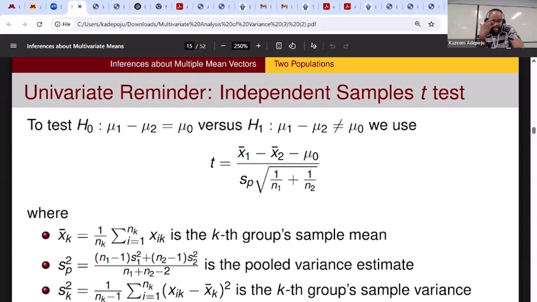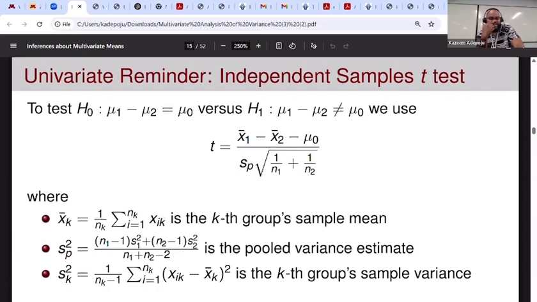The assumptions, apart from normality: do we have the same population variance? If the population variances are the same, we're going to use the idea of a pooled variance. Has anybody heard about pooled variance before? We normally pool our variance when it is assumed that the population variances are the same.